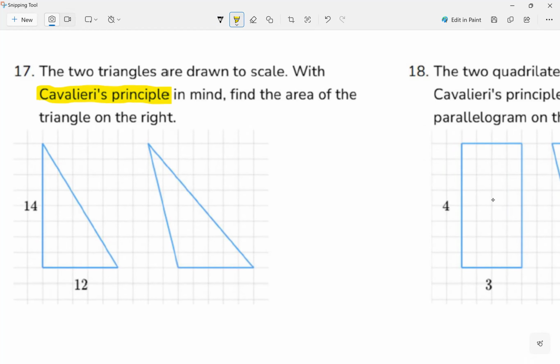Cavalieri's principle is a rule that states that as long as two figures look alike, and I can see there are two triangles that look alike, if they have the same base and the same height, they can be tilted. They can be moved around a little. They can be stacked. One of them can be stacked straight, well stacked.